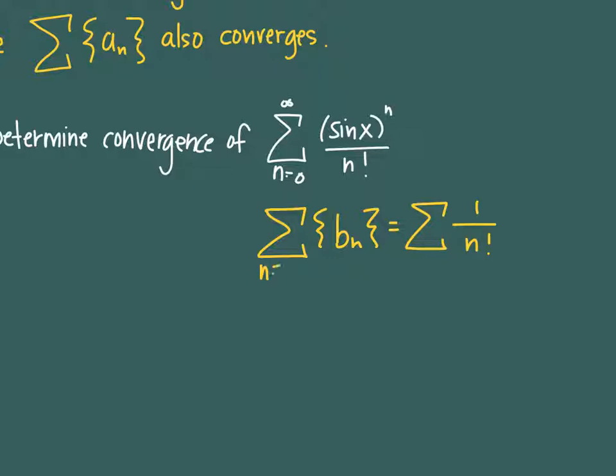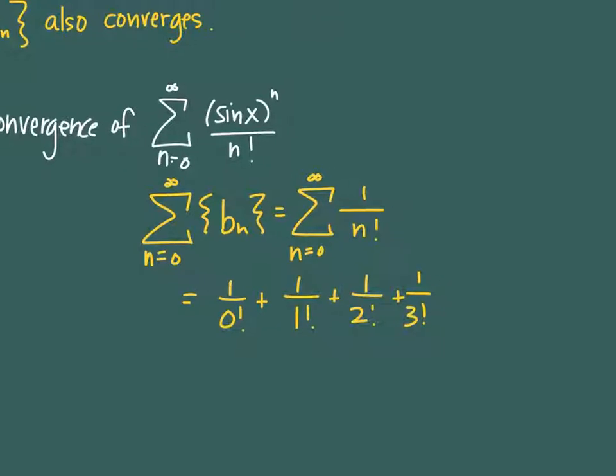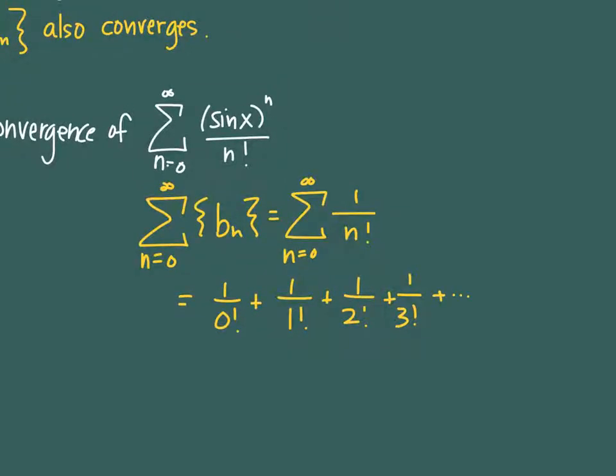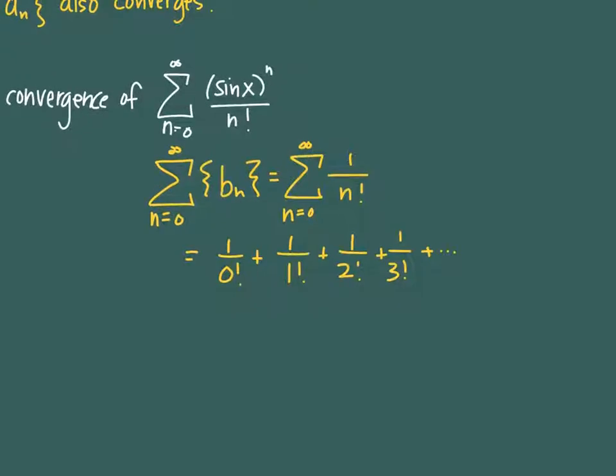Going from 0 to infinity. Okay, well if I start plugging in, I'm going to get 1 over 0 factorial plus 1 over 1 factorial plus 1 over 2 factorial plus 1 over 3 factorial, dot, dot, dot.